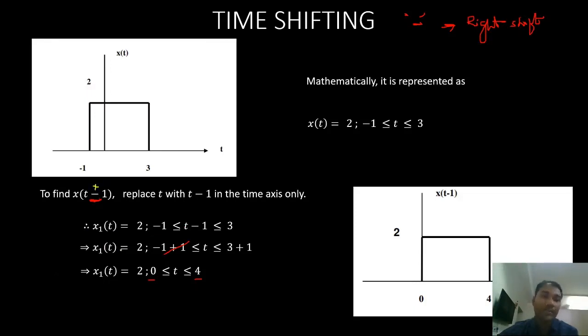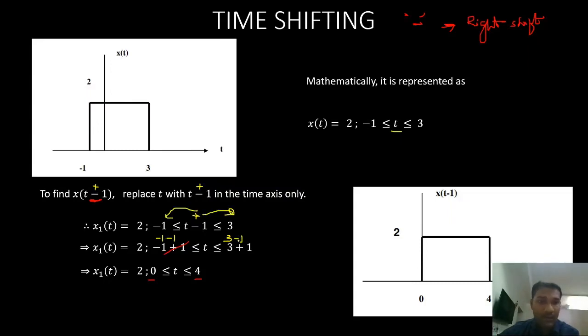We need to find x of t plus 1. So what we'll do, we'll replace t with t plus 1. So what happens if I replace t with t plus 1? So this becomes minus 1 and this becomes 3 minus 1, right? I take plus 1 to this side and plus 1 to this side.